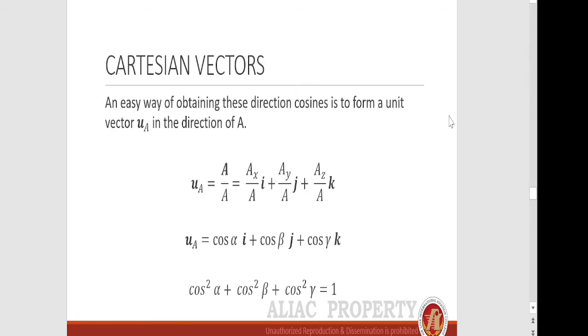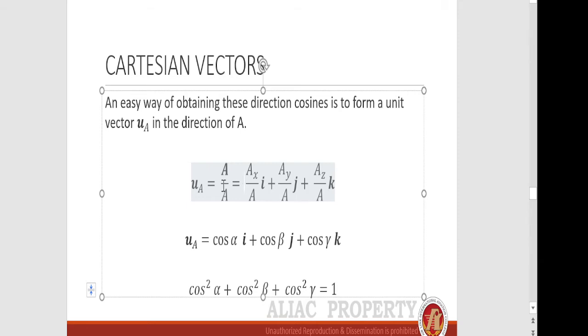Then an easy way of obtaining these direction cosines is to form a unit vector uA in the direction of vector A. uA equals vector A divided by the magnitude of vector A. That equals Ax over A unit vector i plus Ay over A unit vector j plus Az over A unit vector k.